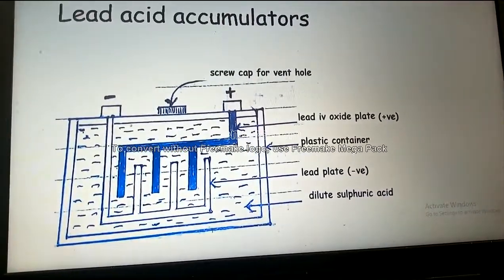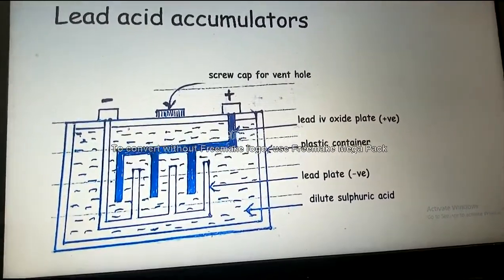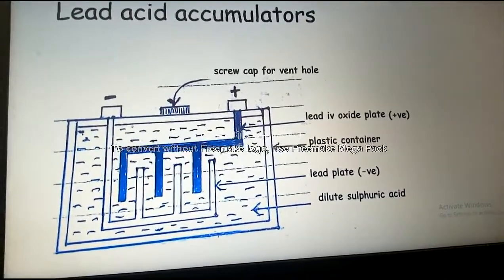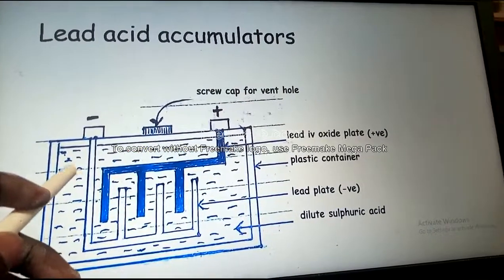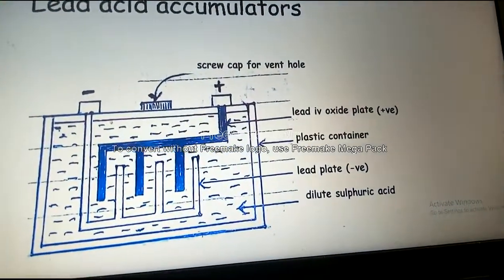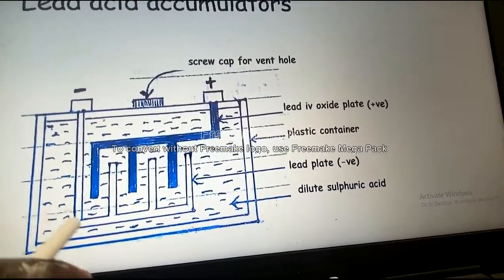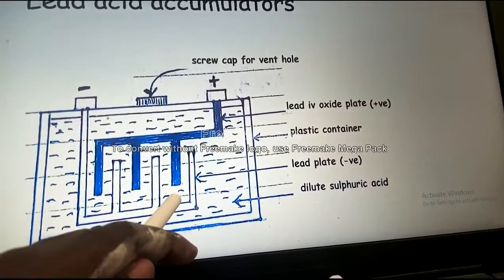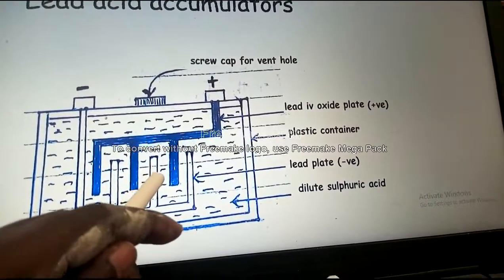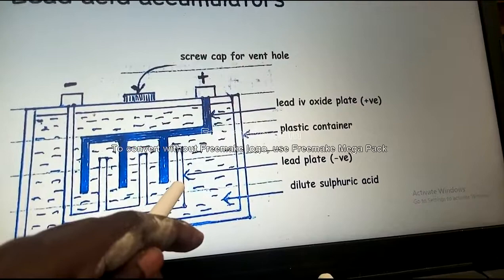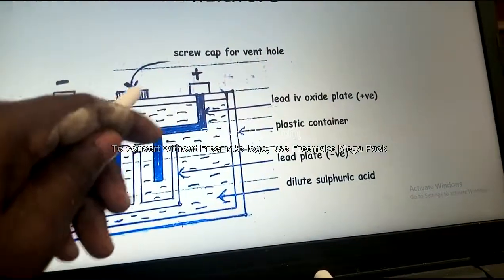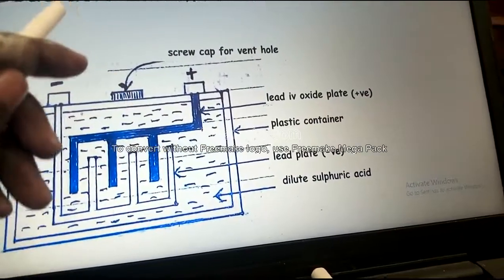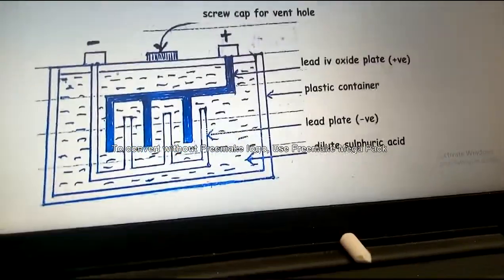It also has a negative plate, called the lead plate. Inside, this liquid is called dilute sulfuric acid. This is a screw cap for the vent hole where you put distilled water or something of that kind.